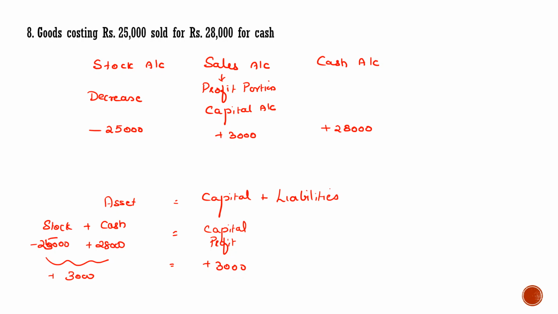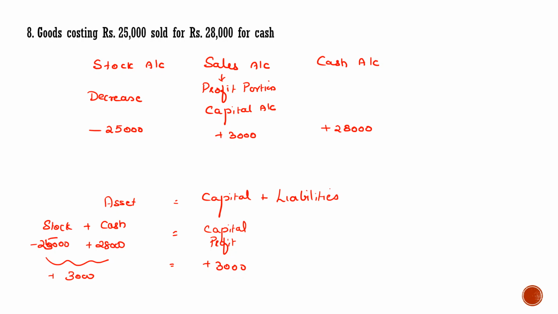So all these transactions, if you put them in the form of a table with on one side the assets with subheads of all the ledger accounts of assets, and on the other side you put the capital and the different liabilities, and each transaction you put like this, you will find that with each transaction there will be two effects.